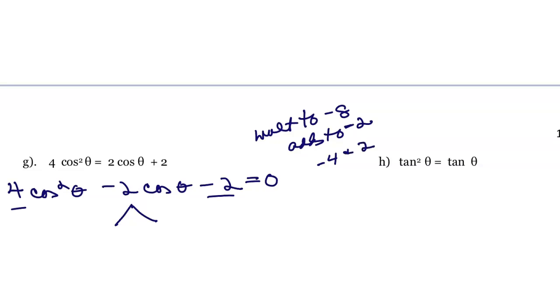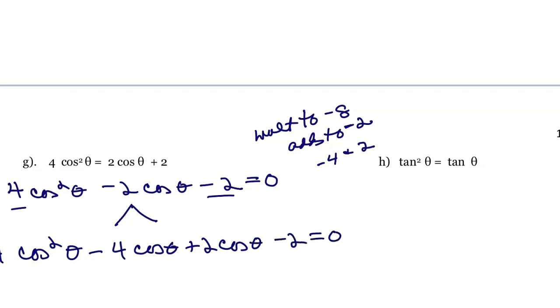We'll do that. So I decompose the middle term. 4 cosine squared theta minus 4 cosine theta plus 2 cosine theta minus 2 equals 0. Now you could have changed all those trig terms into x's. I just did not this time.